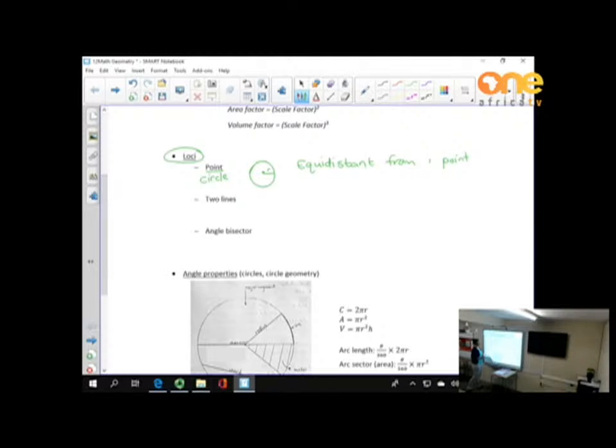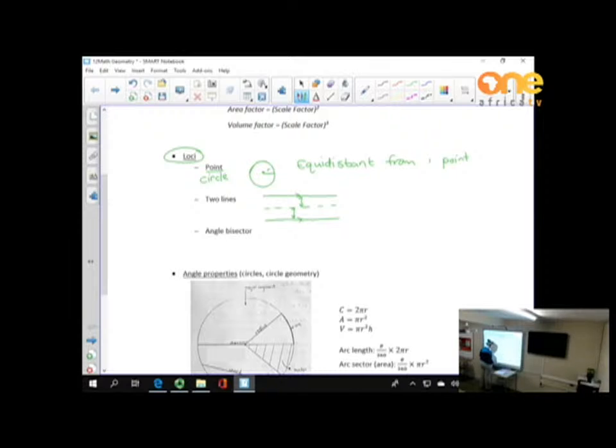This is equidistant from one line, which means you have your line and you need parallel lines the same distance from the center line. So this distance and this distance will be exactly the same. These are parallel lines.